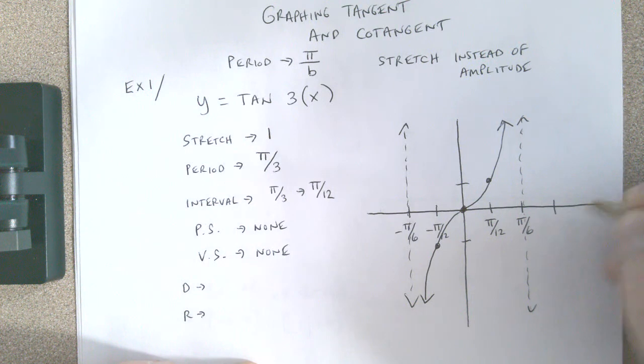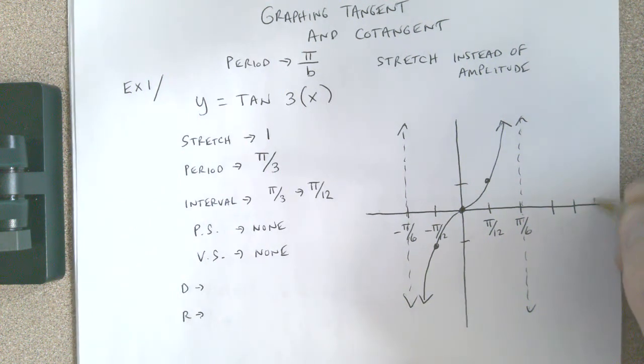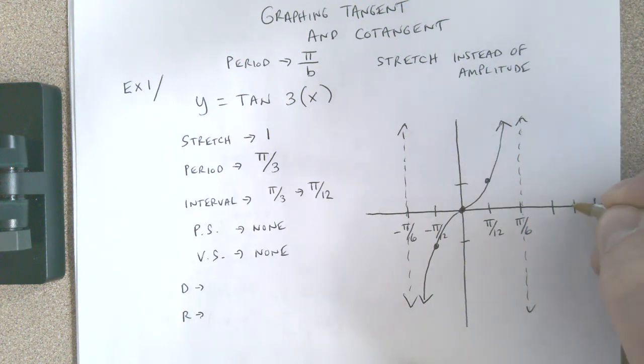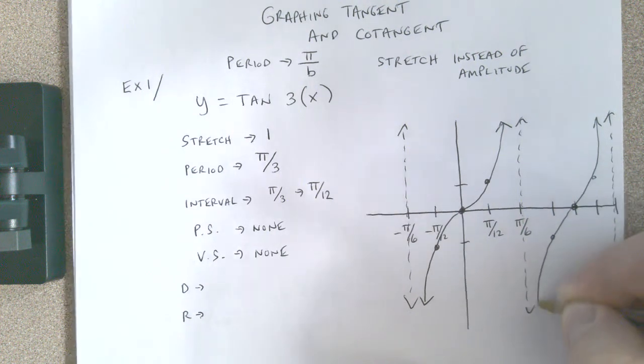So again, if I were to make four more lines here, I would have a repeating pattern, and there would be another asymptote going here. It goes up and to the right, down and to the left.